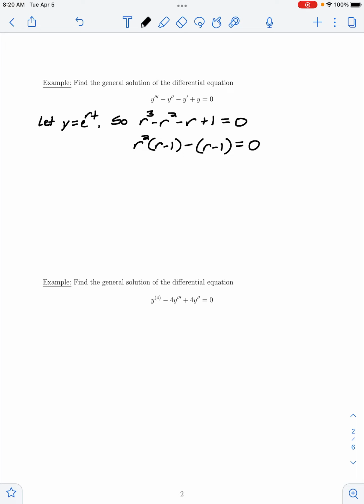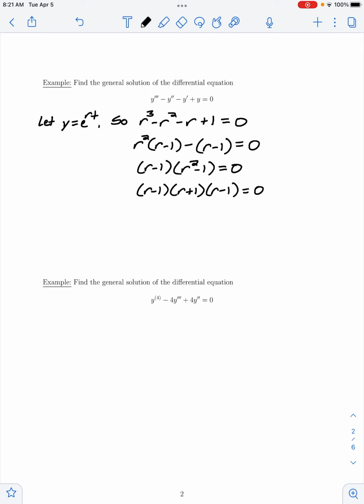And then we see from here that we have a common factor of r minus 1. If I factor that out from each term, I'm left with r squared minus 1 is 0. And then that quadratic, r squared minus 1, can be factored as r plus 1 times r minus 1.